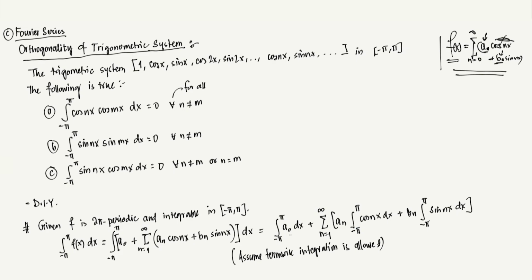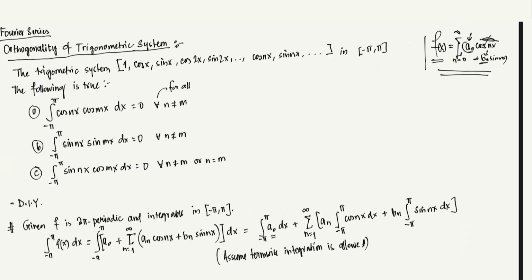And then what we have is a0 times 2π, since the integral from -π to π of dx is 2π. So you have 2π a0 equals the integral from -π to π of f(x) dx, right? Hence a0 is 1 by 2π times the integral from -π to π of f(x) dx.